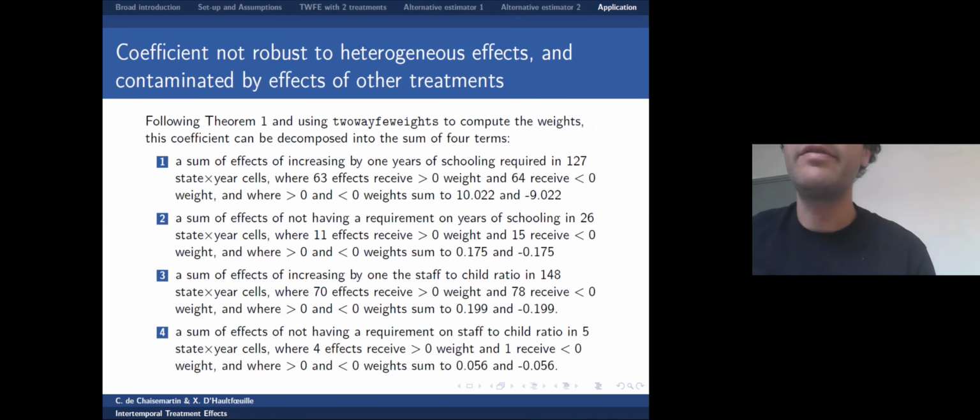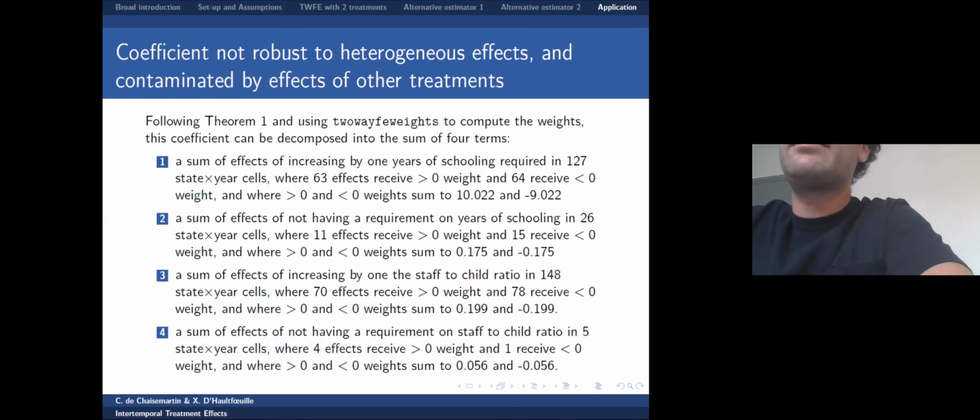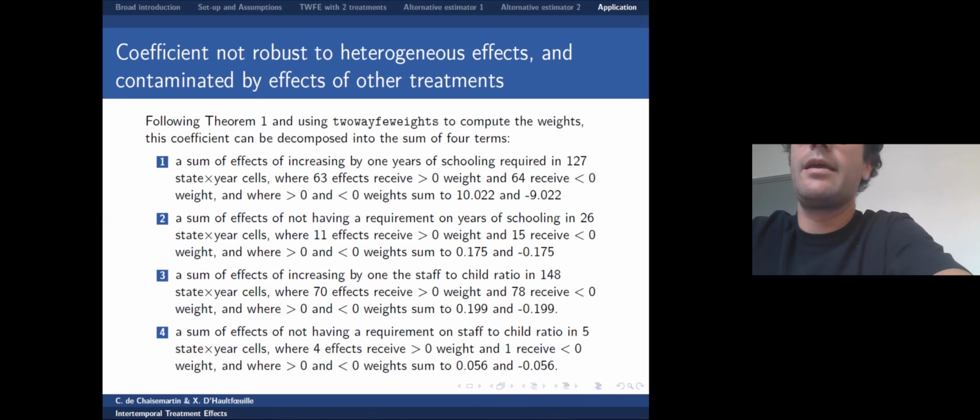So we use our decomposition to try to see, under parallel trends and allowing for heterogeneous effects, what this coefficient is estimating.